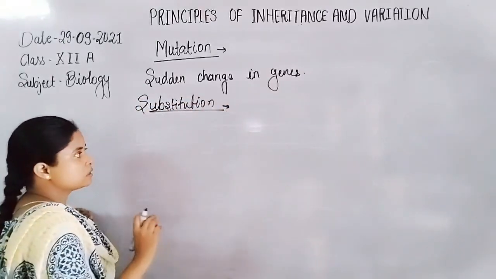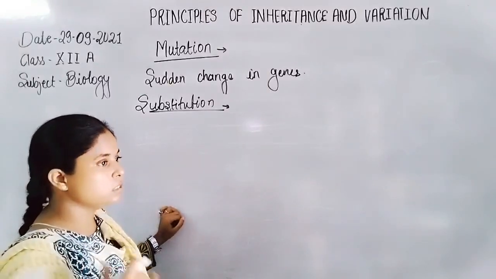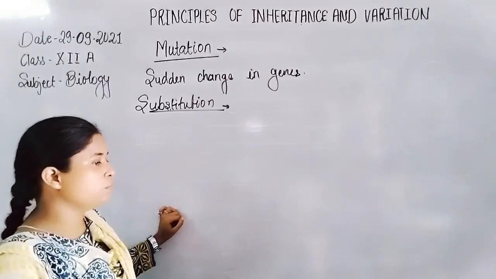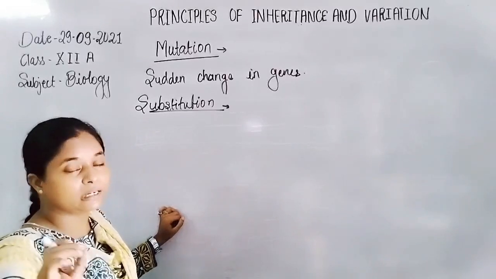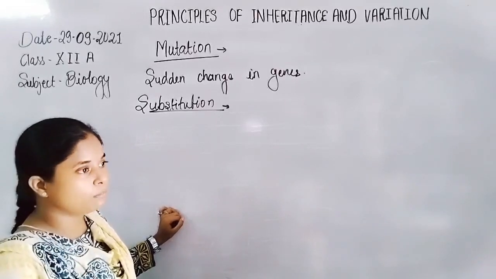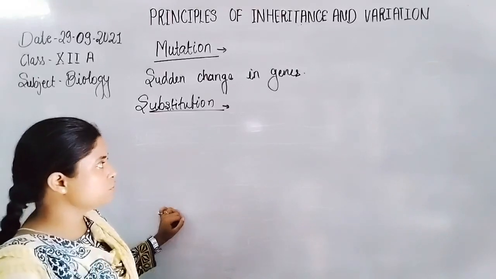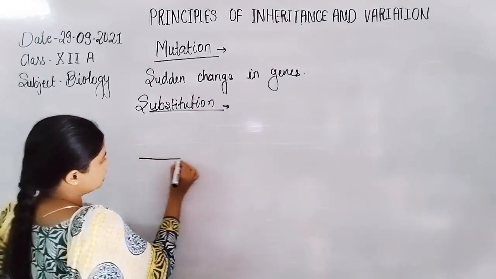Substitution means, for example, any amino acid is replaced by another amino acid. In such a case, a nucleotide is replaced by another nucleotide. Such a mutation is known as substitution mutation. Now what happens during such a condition?